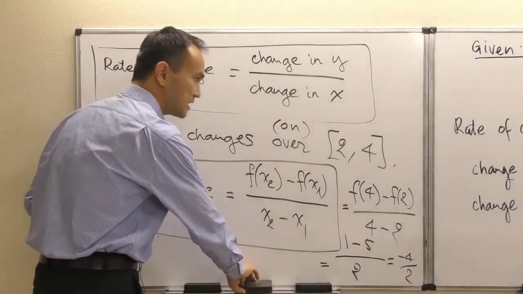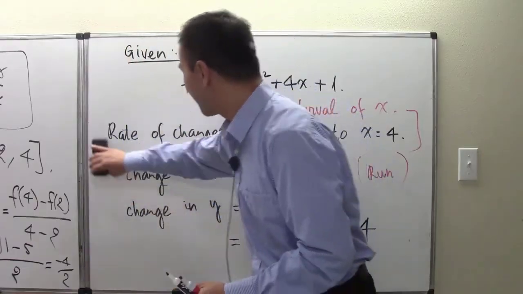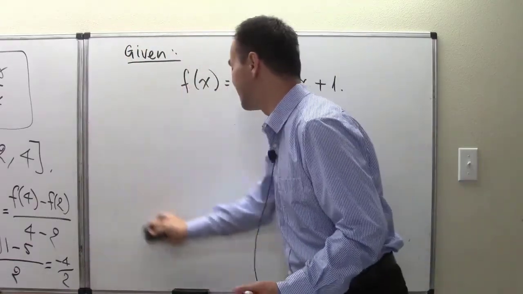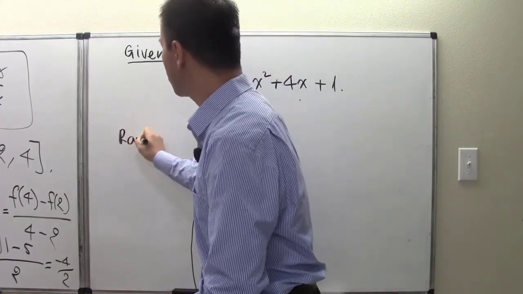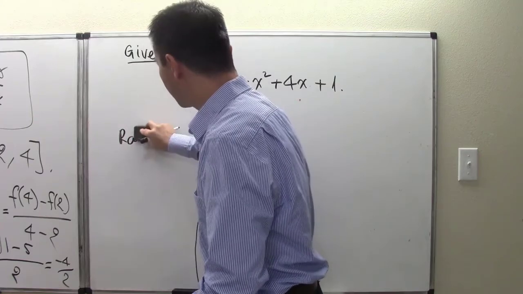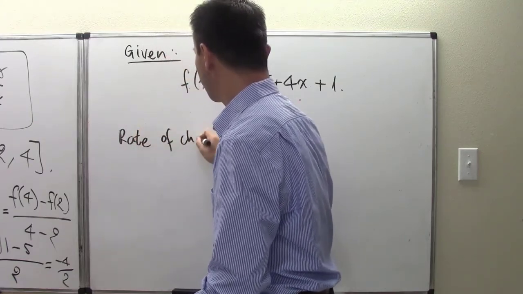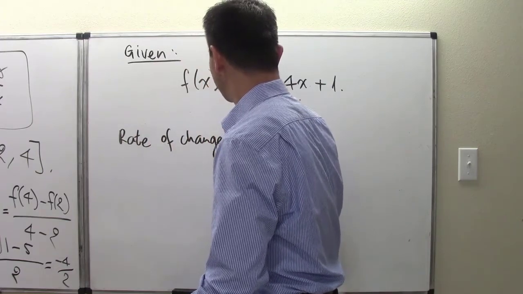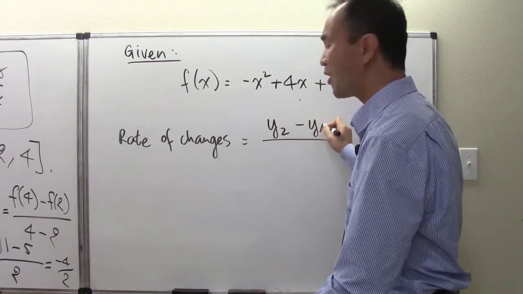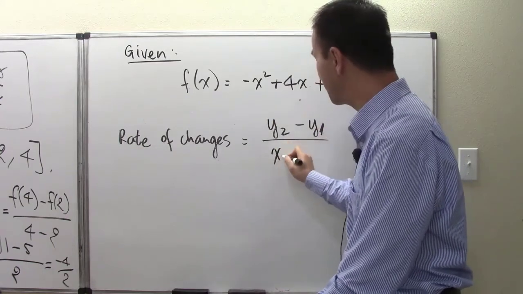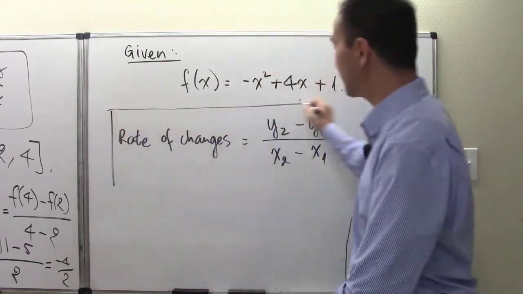So another alternative form of rate of change is simply y2 minus y1 over x2 minus x1. That's another way of seeing it.